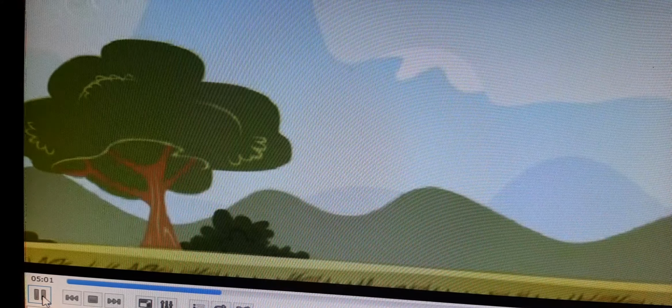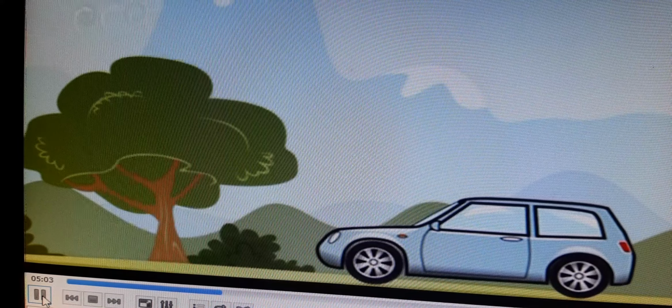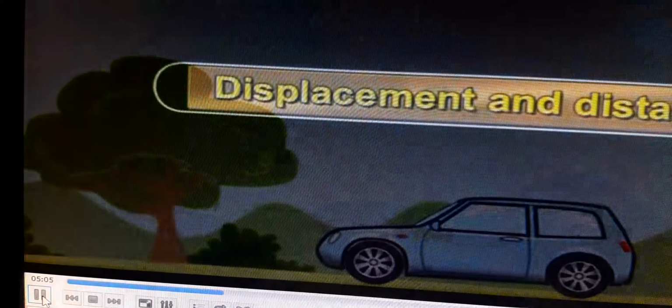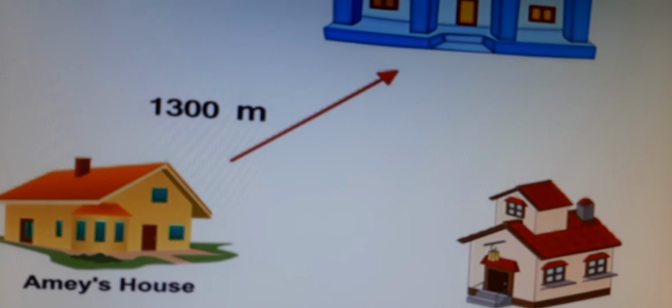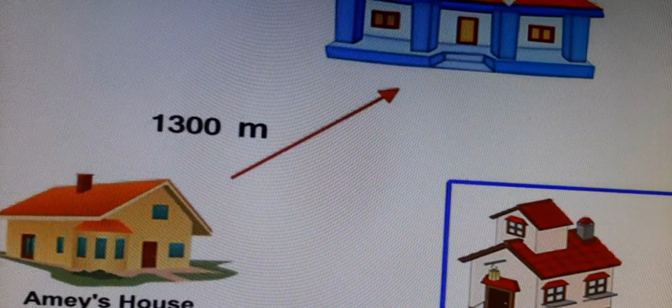Now we have to study distance and displacement. What is meant by distance and displacement? One example is Amey's house, his school and his friend's house. Every day the distance he travels from his house to school is 1300 meters.